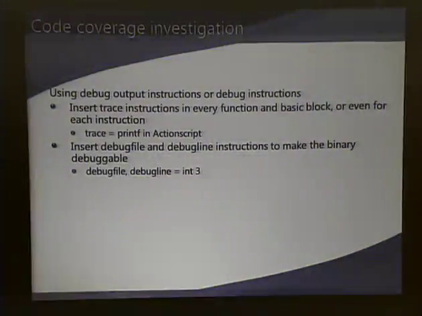Also, maybe you can use debug file or debug line instructions from AVM. This is the same as the int3 instruction from x86. If you put these instructions inside a bytecode, it will check whether there is a debugger attached to the flash player, and it will actually call the flash player debugger.